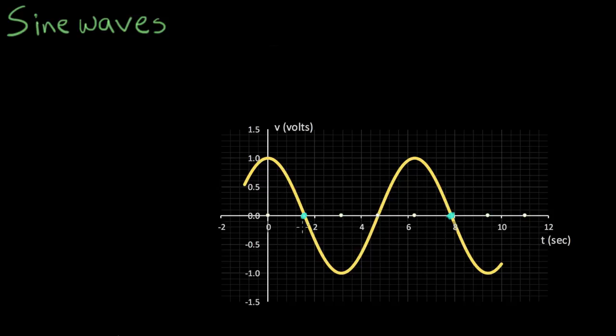And I'm going to call that distance right there the period of this sine function. This is actually a cosine wave. The period of the sine is this distance in time right here. And the symbol we use is typically a capital T to indicate the period.